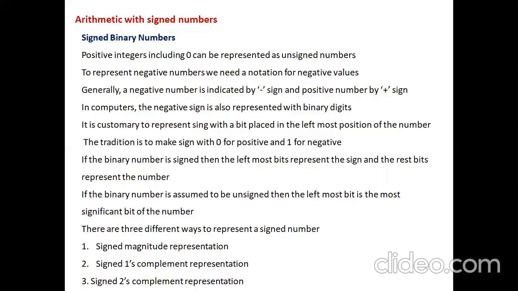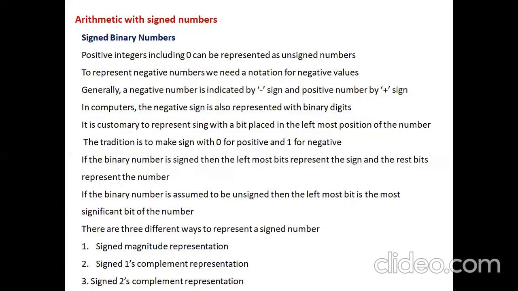So coming to the positive signed binary numbers, positive integers including 0 can be represented as unsigned numbers. If you consider an unsigned number, you need not consider anything, you can just put a 0, which will represent that this is a positive number, because we are putting a 0 in front of the unsigned number.